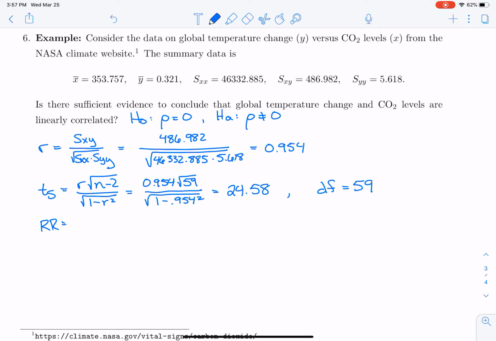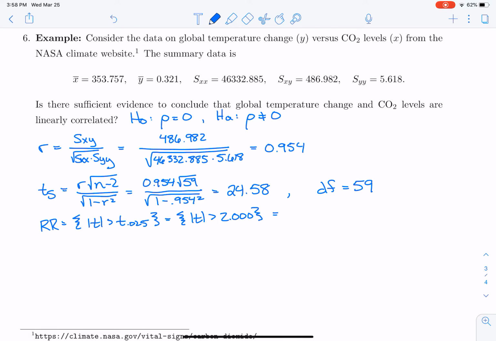Our rejection region, of course, for degrees of freedom equals 60. We actually, or 59, but we actually, in a previous video, rounded that to 60, and we saw that the rejection region was t was bigger than just 2.